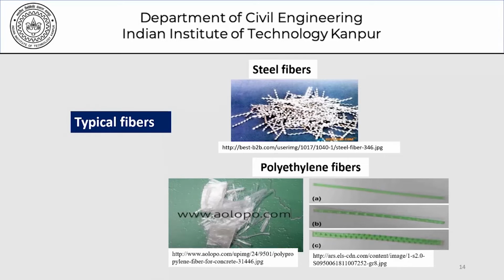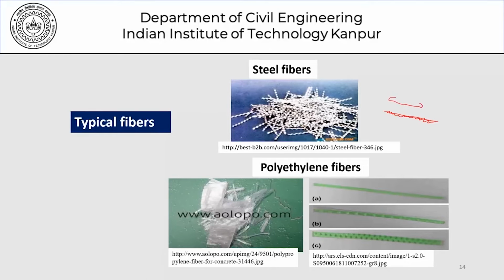This picture again shows typical fibers: steel fibers, polyethylene fibers, and you will notice that as given in the previous slide, the fibers are not necessarily straight. They are sometimes crimped. They are sometimes bent like this, the way your staples are after they are bent, right?